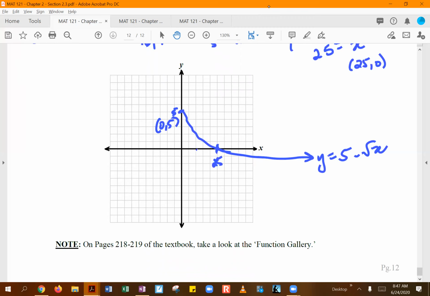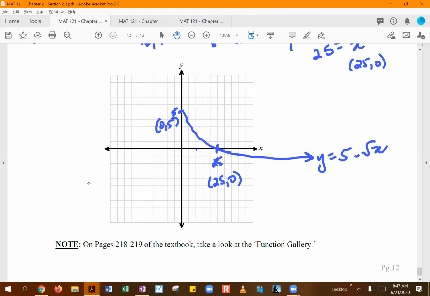You're right on top of the y-axis. So you're going from the ordered pair 0, 5 all the way to the x-intercept, which is the ordered pair 25, 0. So Lori, the 5 is actually the y coordinate, not the x coordinate. Your x coordinate at that point is technically 0.